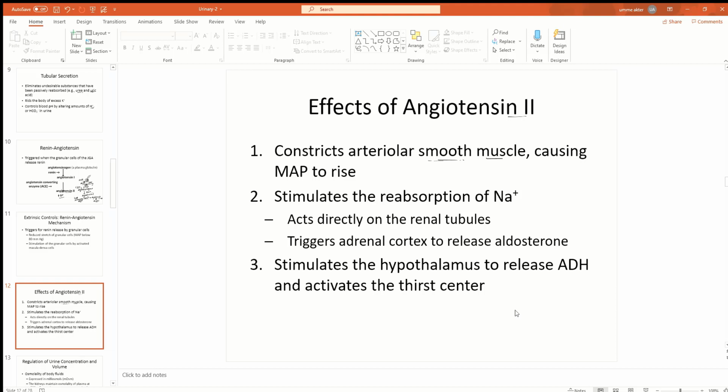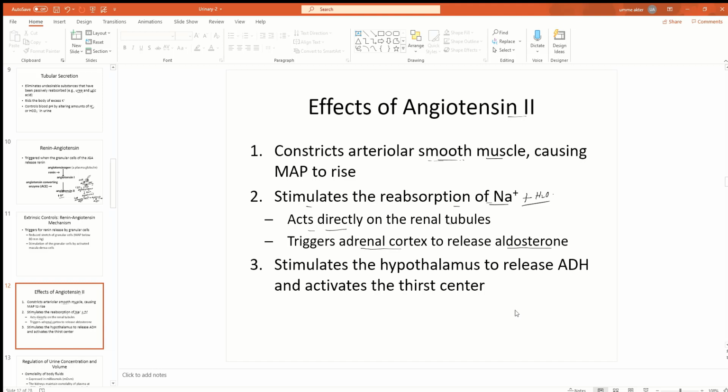Angiotensin 2 also stimulates the reabsorption of sodium, acts directly on the renal tubule. So sodium will be reabsorbed, right? And I told you when sodium will be reabsorbed, taken back into the body, sodium also takes water with it. Okay, so water will also go back. So directly will act on sodium reabsorption, as well as it will cause release of more aldosterone.